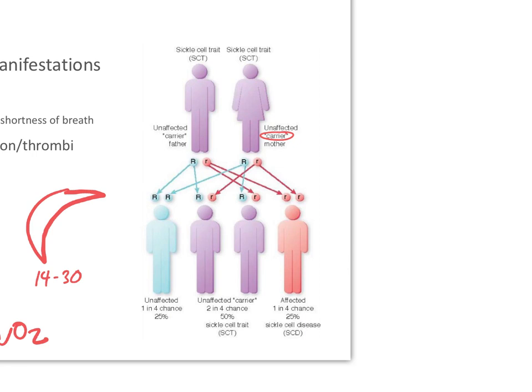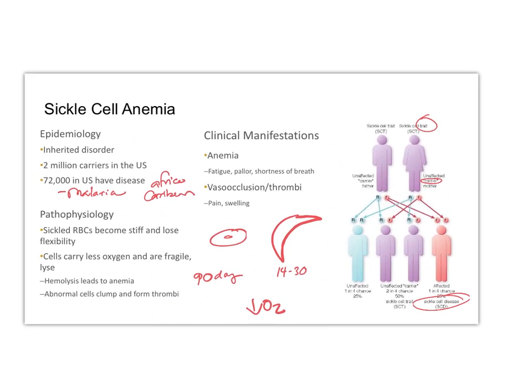So in this example, we have a carrier mother, a carrier father. Now they'll have slightly different hemoglobin. It will show up, but they aren't going to have cells that can sickle. So we call them somebody that has trait, versus somebody that is affected and has disease is going to have two of those. Okay.